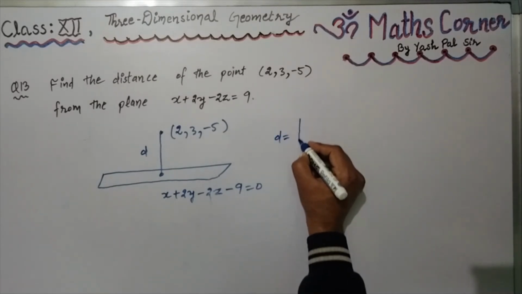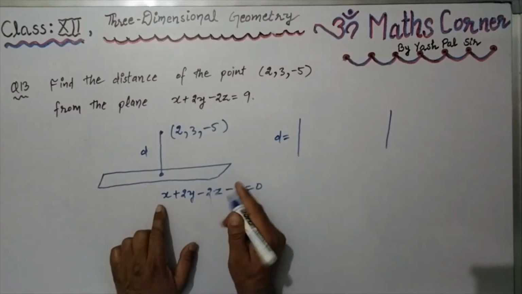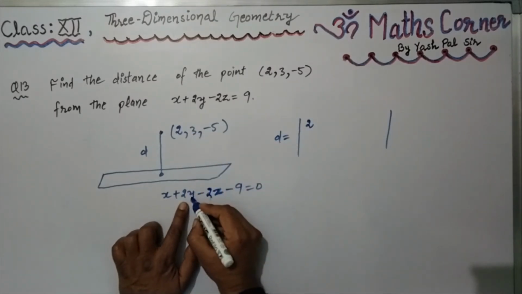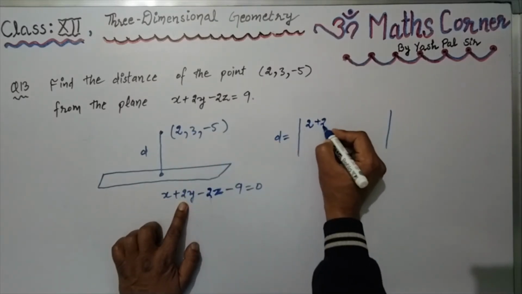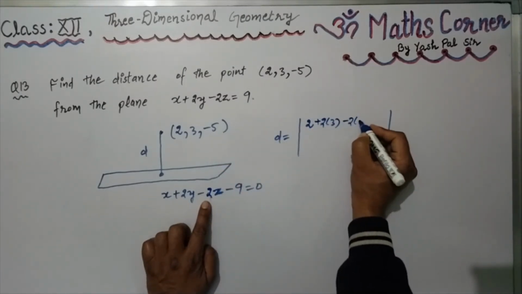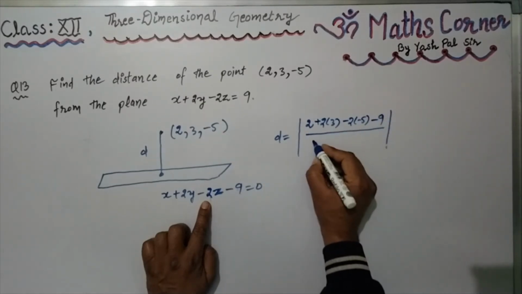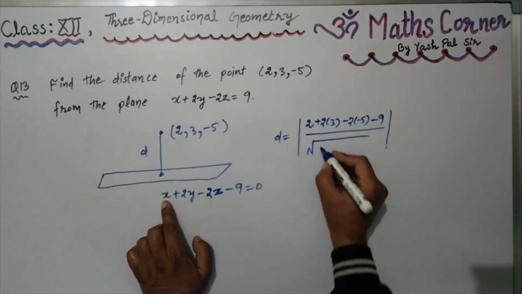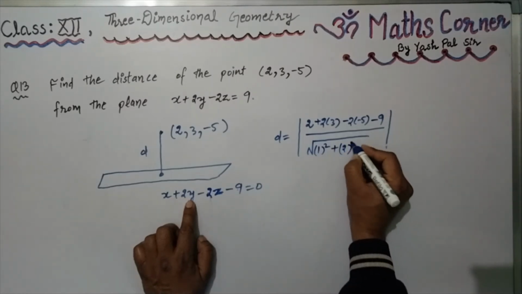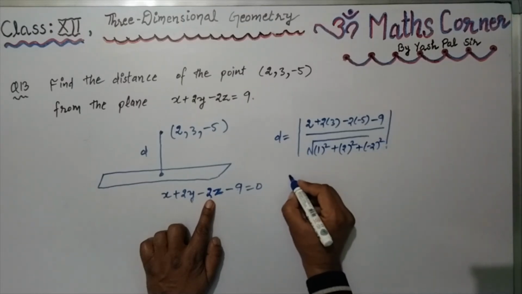So we write d is equal to, distance is always non-negative, so put modulus sign. In place of x we put 2, in place of y we put 3 plus 2 into 3, in place of z we put minus 5, minus 2 into minus 5, next is minus 9, divide square root of coefficient of x is 1, its whole square, coefficient of y is 2, its whole square, plus coefficient of z is minus 2, its whole square.